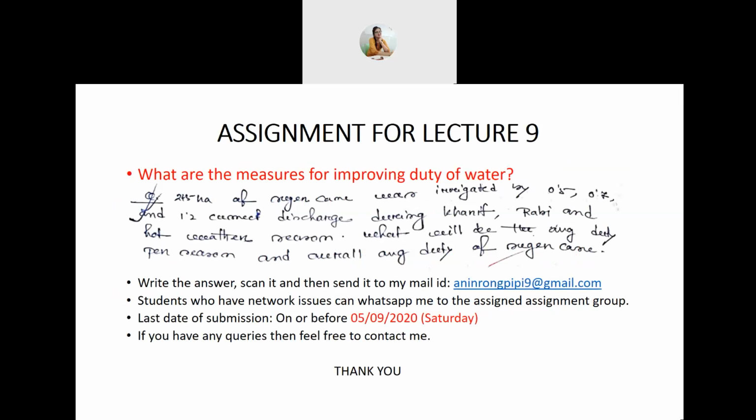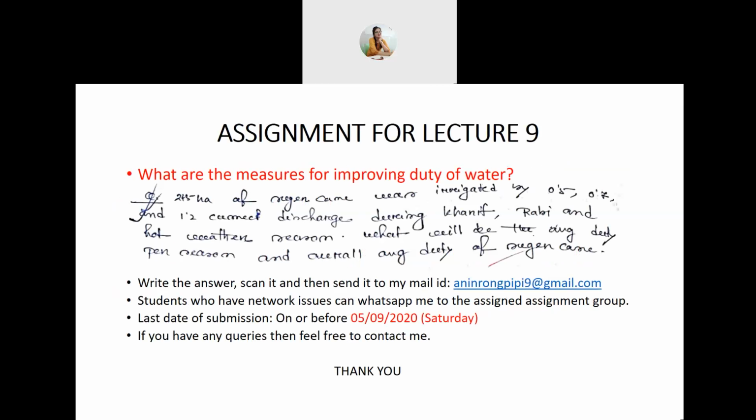So this is your assignment for lecture 9. Here I've given two questions, okay? The first one: what are the measures for improving duty of water? I repeat, the first question is, what are the measures for improving the duty of water? Okay. The second question is, 245 hectares of sugarcane was irrigated by 0.5, 0.7 and 1.2 cumec discharge during Kharif, Rabi and hot weather season.